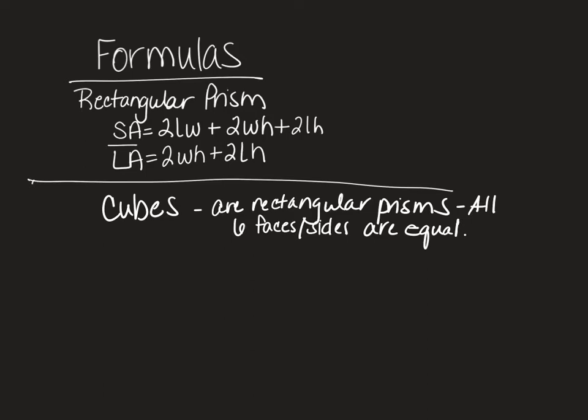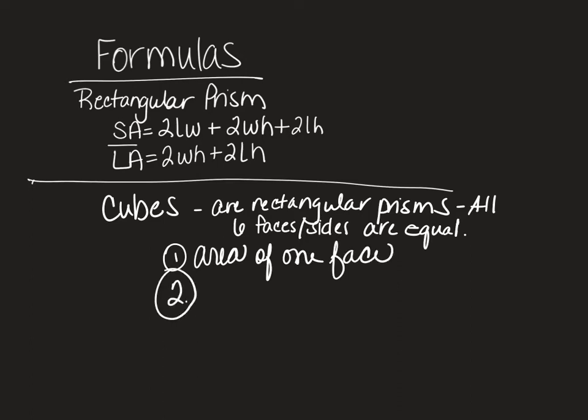So, first thing you got to do is find the area of one face. And then you're going to use the formula SA equals 6E squared.